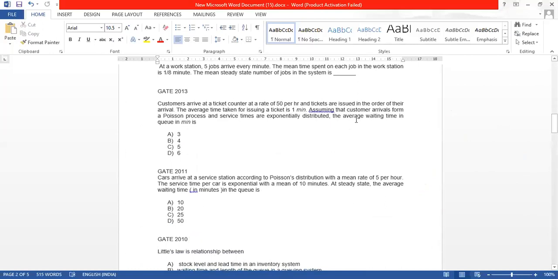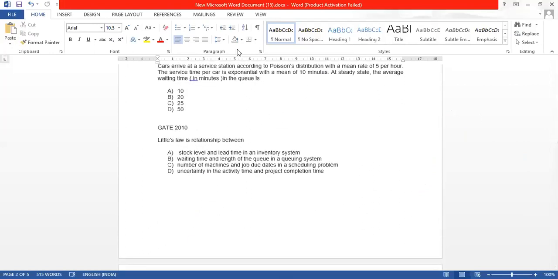Average waiting time in the queue, Wq. Again this question, average waiting time in the queue. Now can anyone tell what is the answer of this question? This too I have discussed. Little's law gives the relation between what?